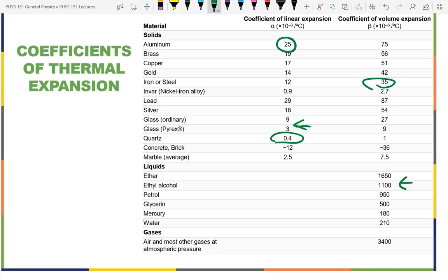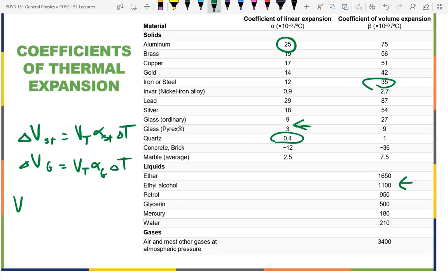You calculate the alpha delta T for one, the alpha delta T for the other, and then just like we did before, delta volume for the steel is equal to volume of the tank, alpha steel, delta T. Delta volume for the gas is equal to volume of the tank, alpha gas, delta T. And the volume spilled is equal to delta volume gas minus delta volume steel.